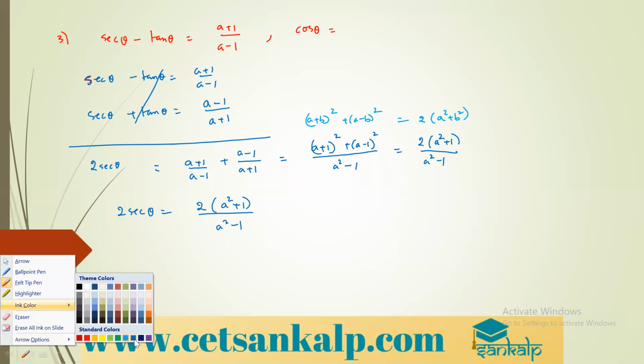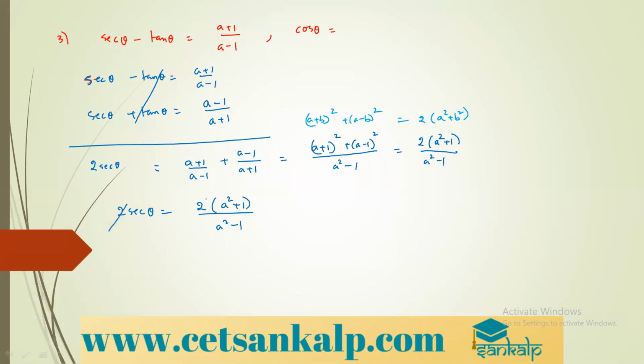So after using this formula, I can cancel these two and I can write secant theta is a square plus 1 by a square minus 1. But they are asking cos theta. So I have to take the reciprocal, that is a square minus 1 by a square plus 1. This will be the answer and it is there in the option also.